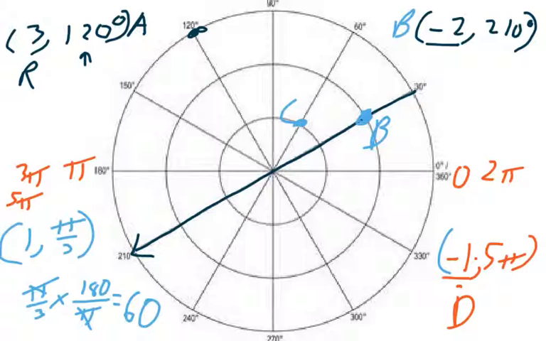So I'm going to call this letter D, and since 5 pi is actually pointing out to the right, I'm actually going to put it to the left because it was negative. And so that's how you graph coordinates in the plane.